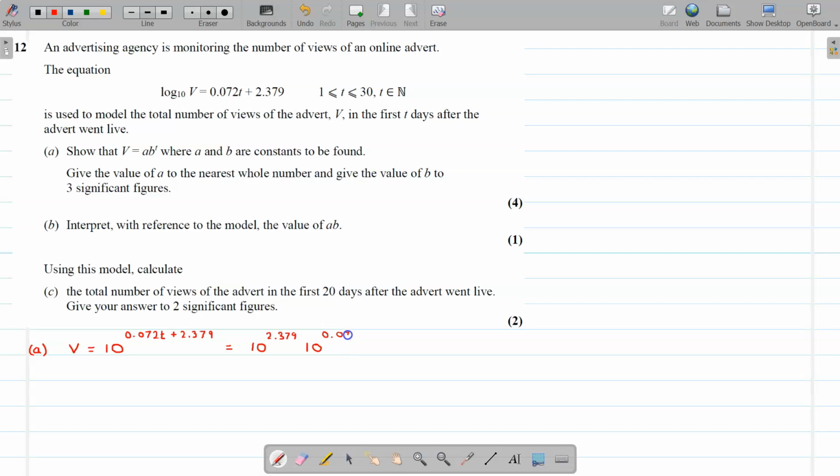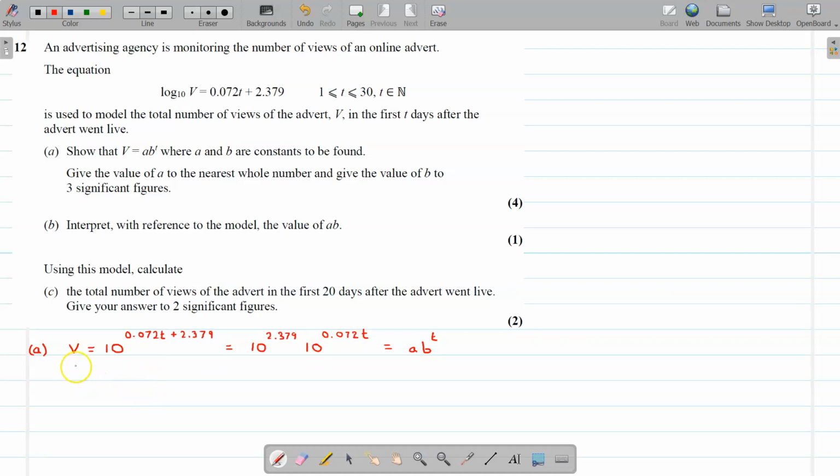I put them in that order because that will be our AB to the T, which is going to be equal to A times B to the T. So it's very easy to establish that A is the first part here, 10 to the power of 2.379, and B is 10 to the power of 0.072.